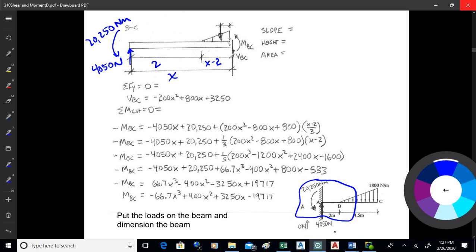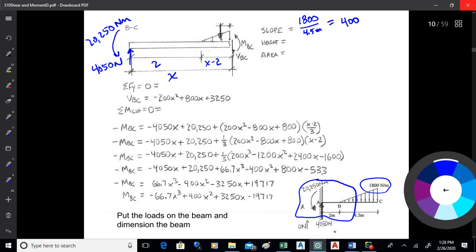Now, I want to figure out the area of that triangular loading diagram as it increases. So to do that, I'm going to go through a series of steps here. The slope of that line is it rises to 1,800 over a run of 4.5. So what that means is the slope is 400. And I'm just taking the height that it rises to, which is 1,800 newtons per meter, and that happens over a 4.5 meter run.